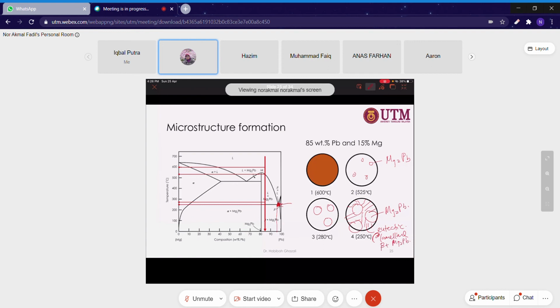All right. So similar to the limited or partial solubility system, the difference is this one is expanded into more than two solid phases, which are alpha, beta plus Mg2Pb, which is the intermetallic. But it still contains eutectic structure, though in this case it has two eutectic structures.